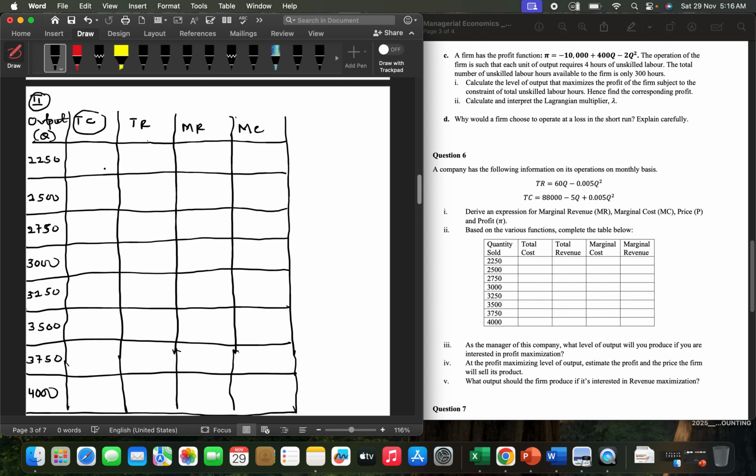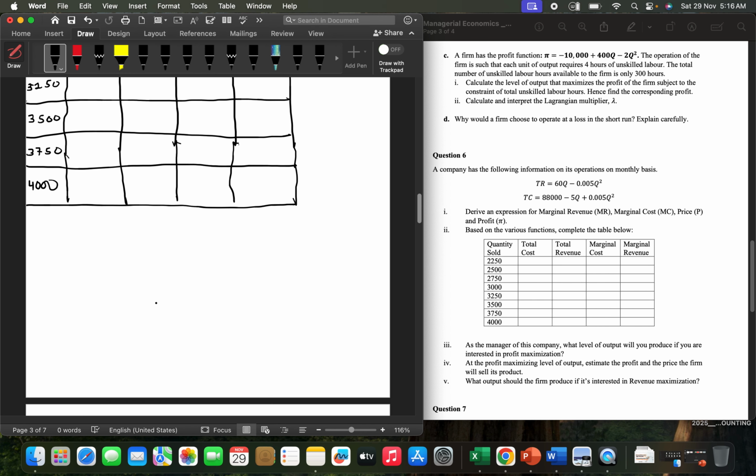So the first one is total cost. Let me do some small workings here.